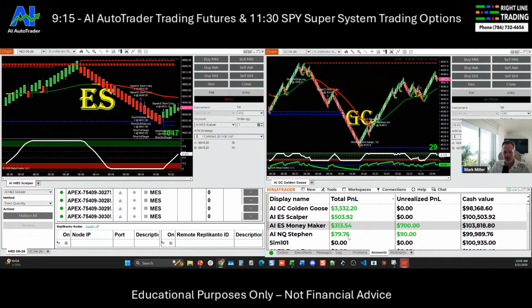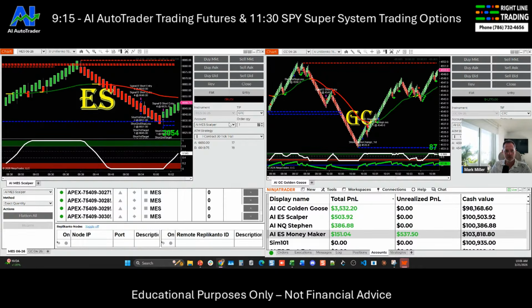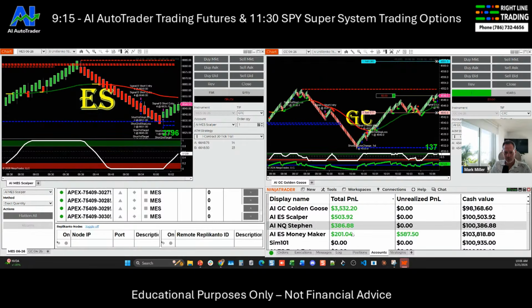It's kind of another slow one. Let's see if we can't sprinkle a little green up in here. Oh, Steven just showed up out of the blue. Here's the golden goose here trying to go for a long trade. Try to get through that upper level price resistance there.